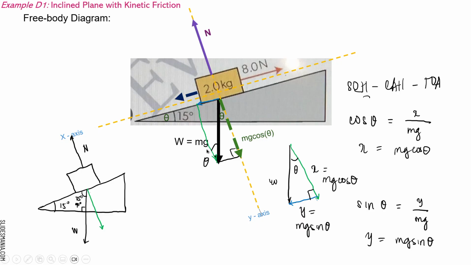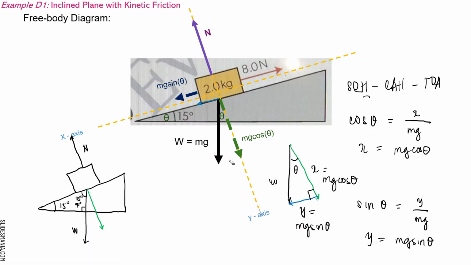The component of the weight mg sine theta is what causes things on a ramp to slide down. So that is why we're able to transfer this blue arrow from here to here, in order to represent the component of the weight that causes things on a ramp to slide down. So we have mg sine theta.